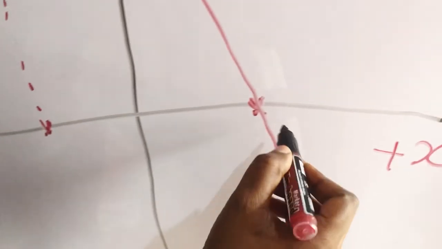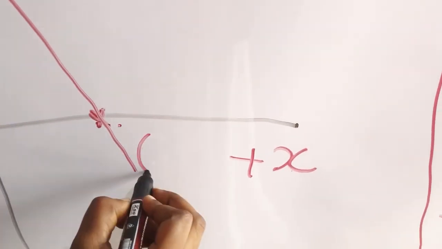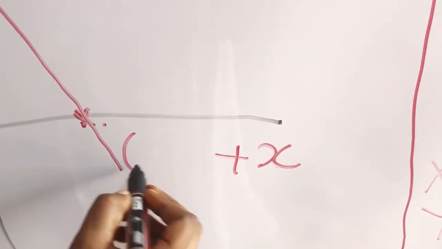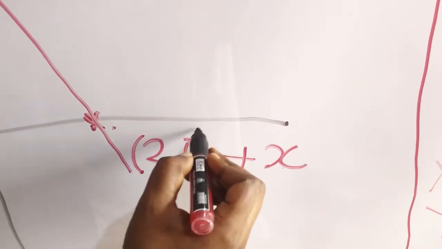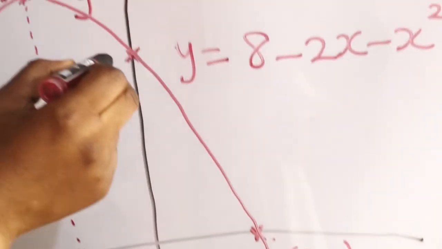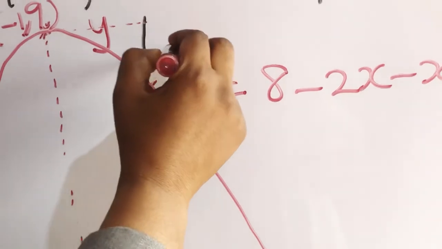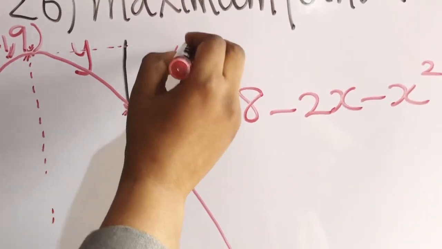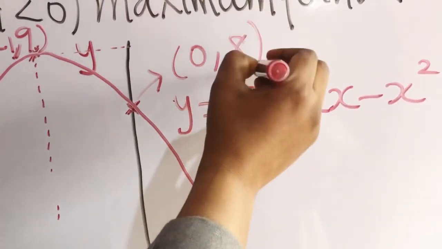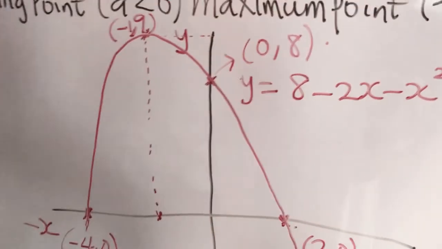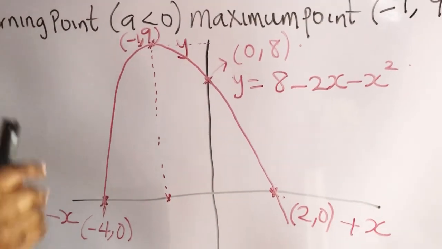Here is another x-intercept, which is 2, 0. Here is the y-intercept, which is 0, 8. So can you see? That's how to sketch the polynomial of degree 2.